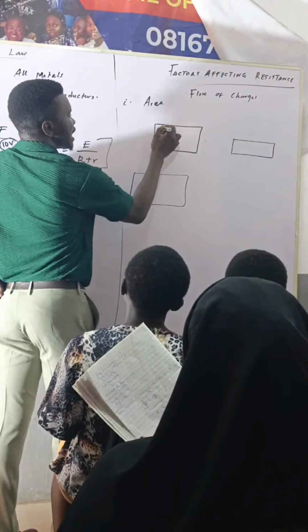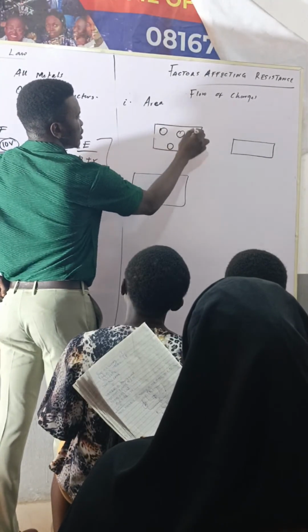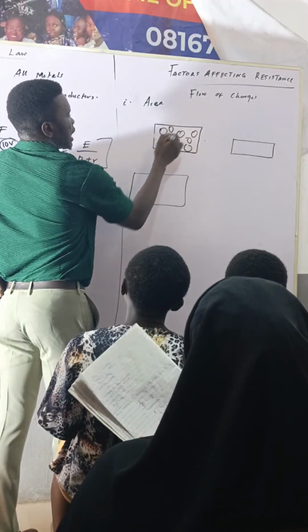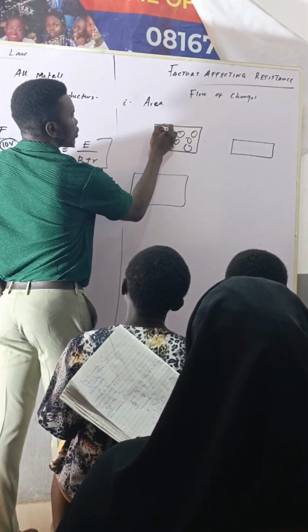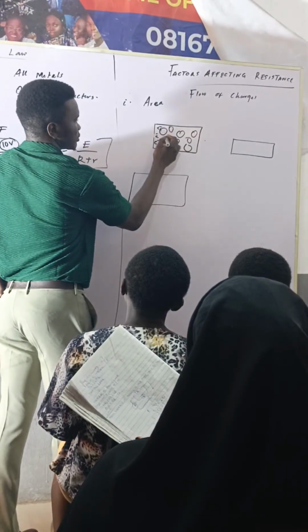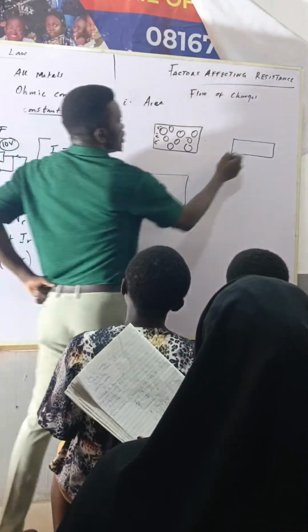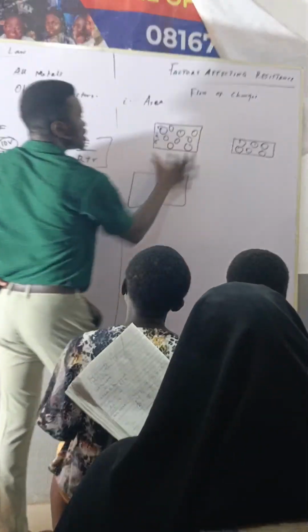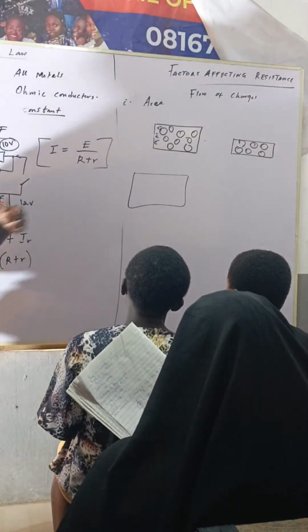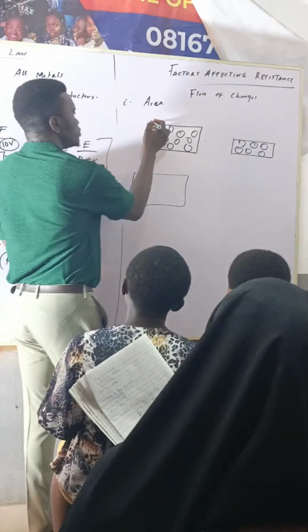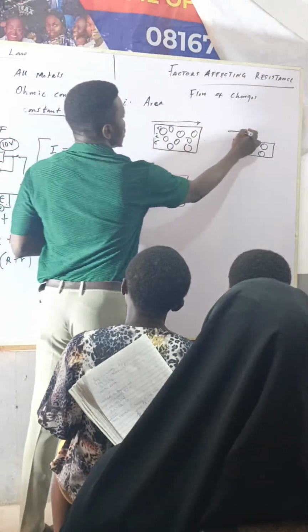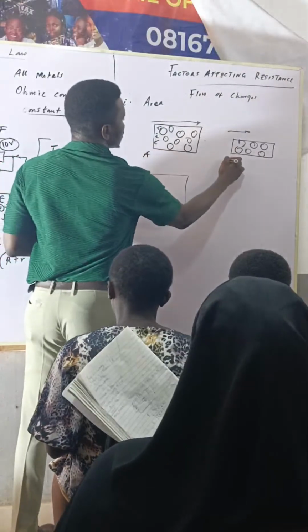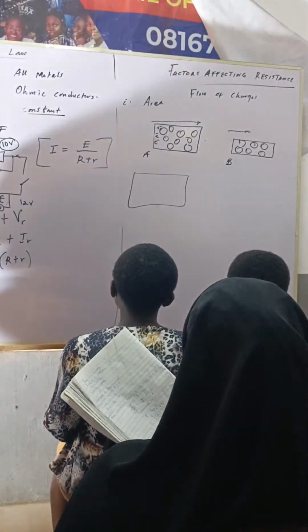In this wire, there are several atoms. An electron will have to flow across the atoms. If I have a tiny wire and a bigger wire, which one do you think it's easier for the electron to flow through, between A and B?